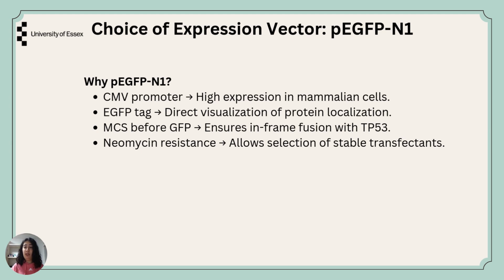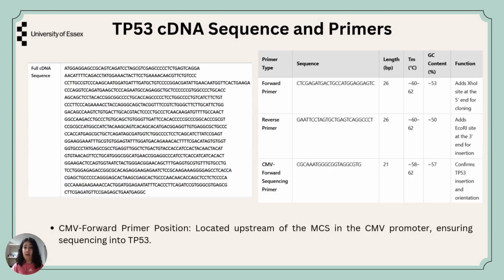The MCS, or multiple cloning site, before GFP ensures in-frame fusion with TP53. Neomycin resistance allows selection of stable transfectants. This vector is well suited for our goal of tracking TP53 localization in living cells.